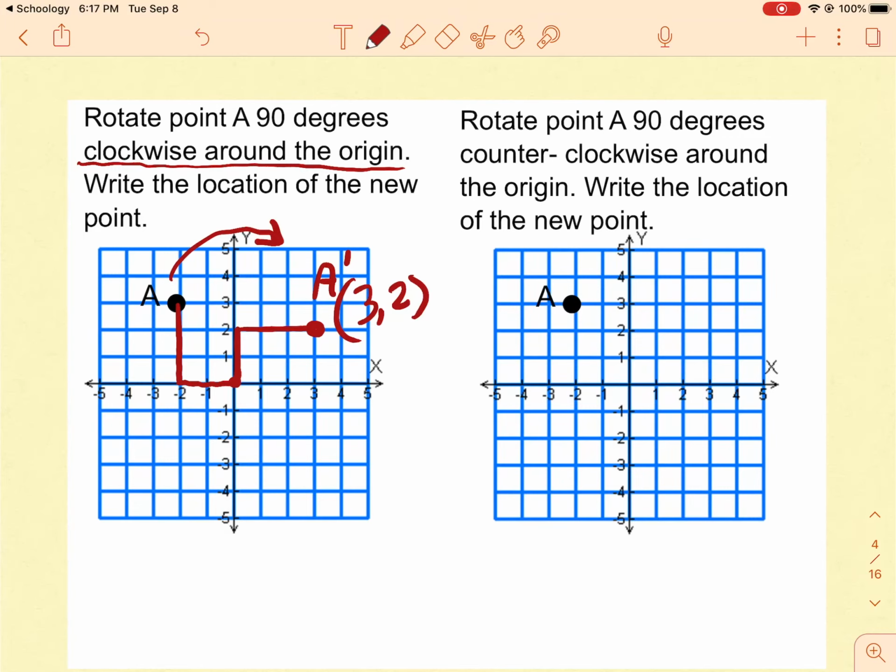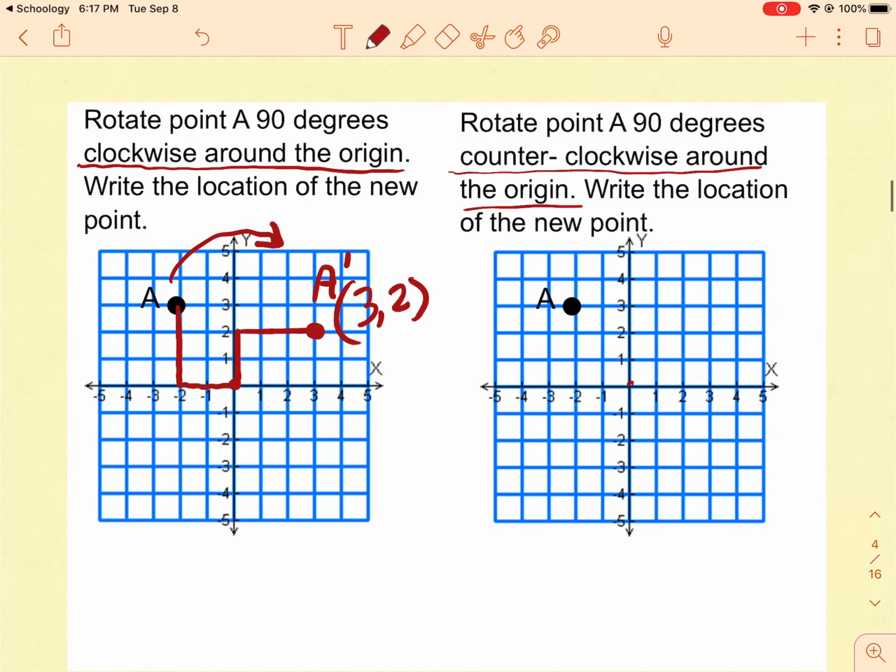If we look at the next one, they're telling us rotate the same point, but counterclockwise around the origin. So it's still around the origin, but now we're going counterclockwise this direction.